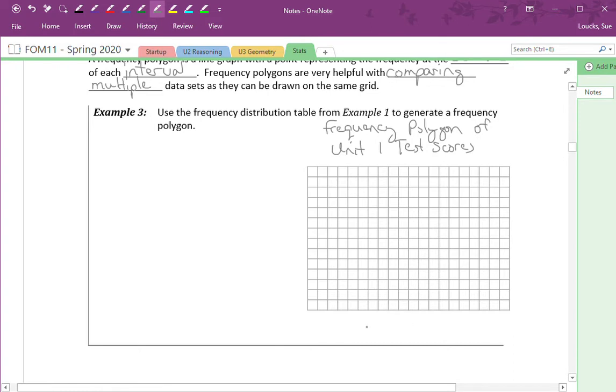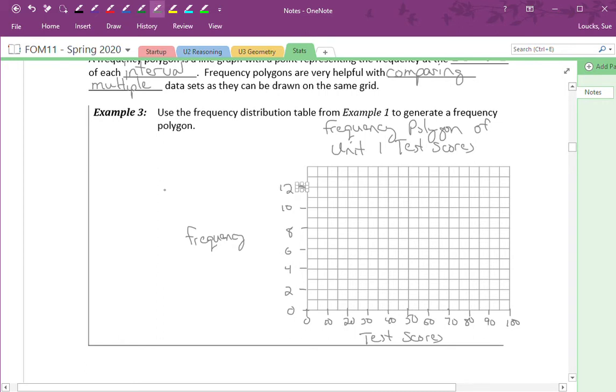And this is the test scores down here. This is the frequency. Okay, so far this is the same as the other one.